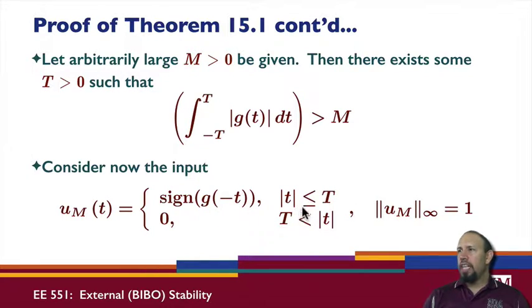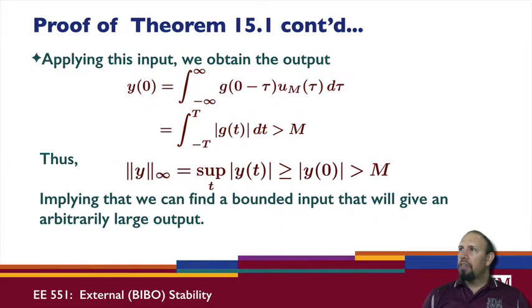It's defined over the interval between minus t and t. Because I'm looking at the sign, this is either 0, 1, or minus 1. The infinity norm of that signal is 1. However, it's chosen such that when I multiply these two things together, I get the absolute value. That's why it was chosen.